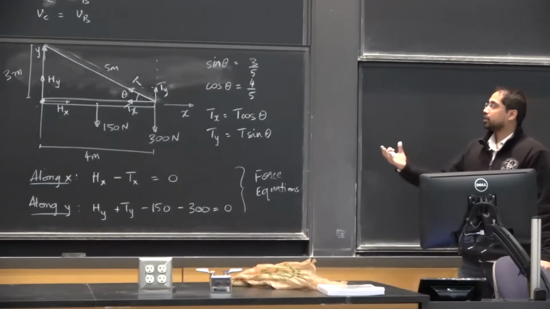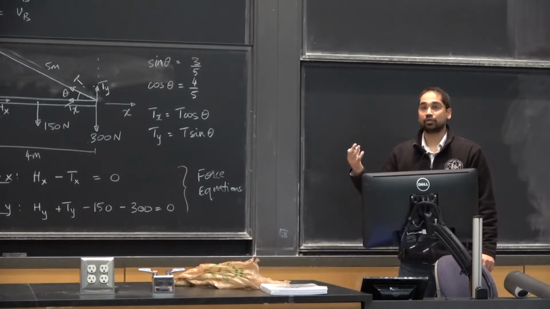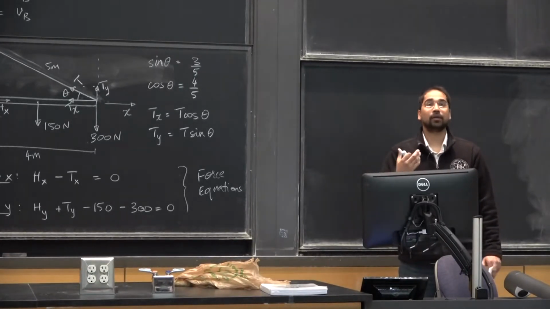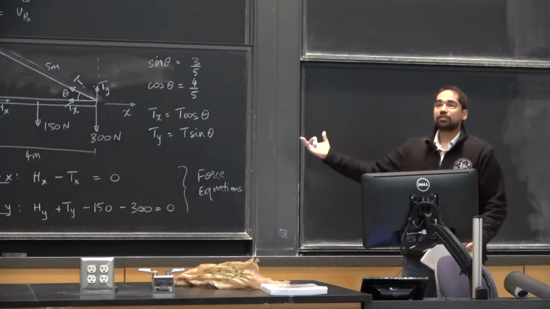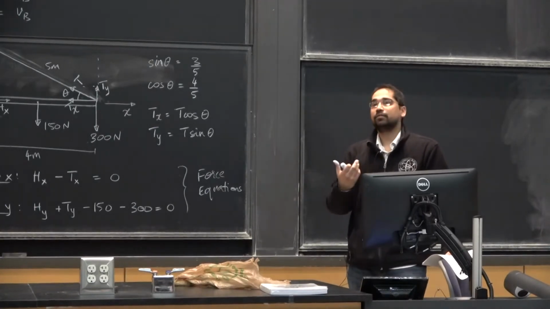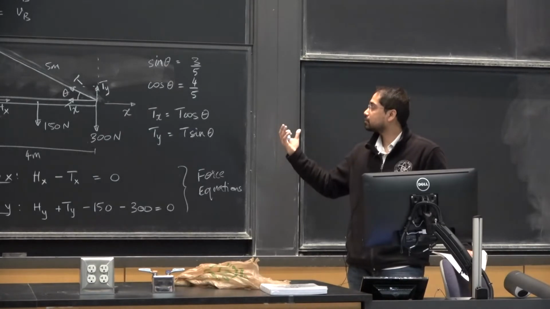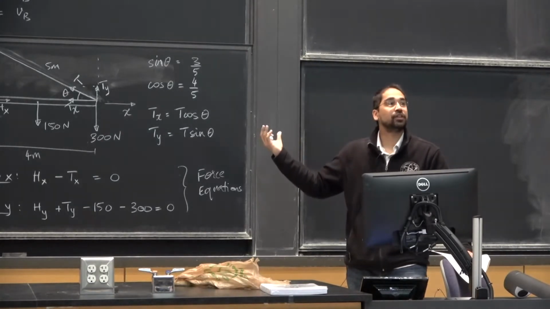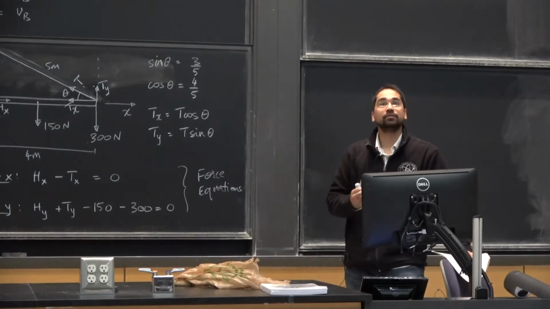Now, just like I have a choice with what x and y axis I can pick, I also have a choice when it comes to torque to pick my axis of rotation. Because x and y is my choice and I choose it in a way that makes things convenient for me. If I have a situation where the total force is 0, regardless of what x and y I pick, I am guaranteed that the force is 0.